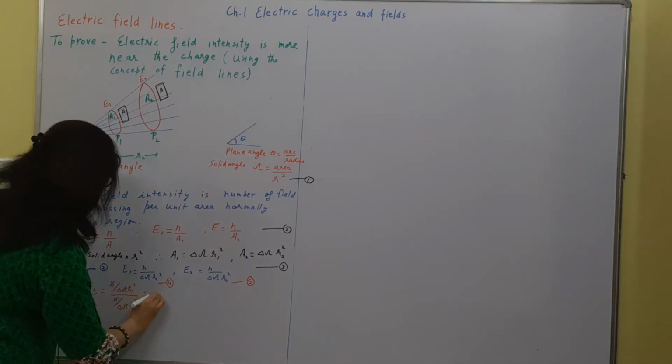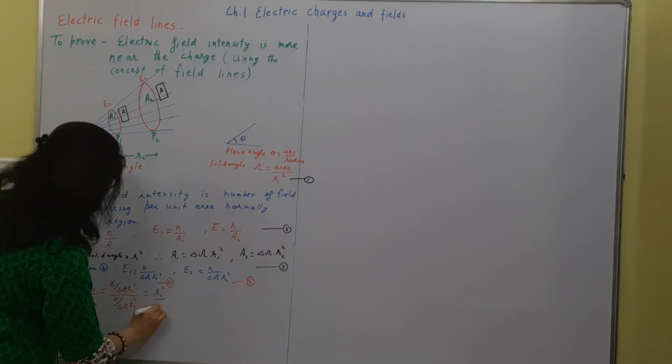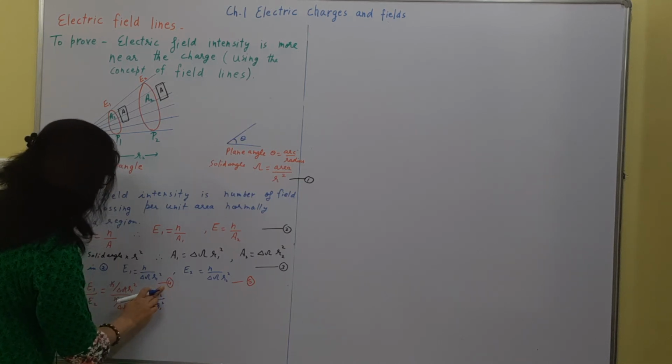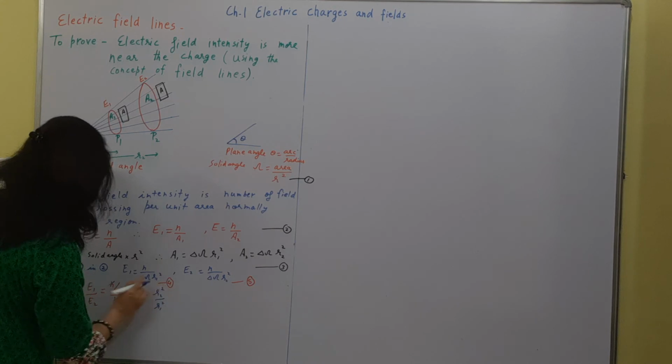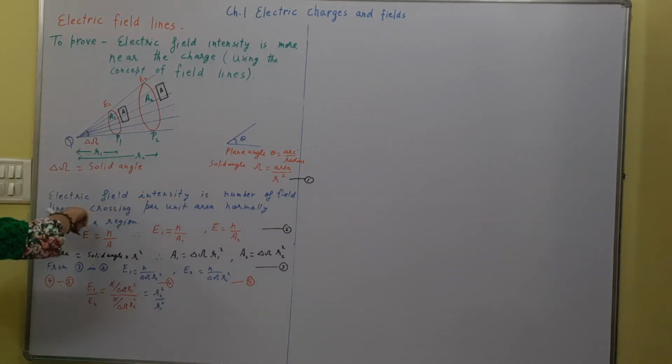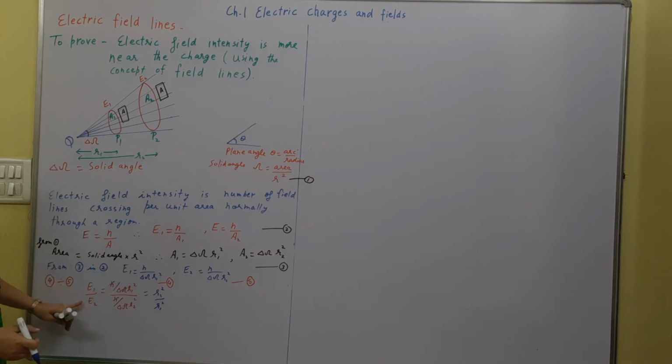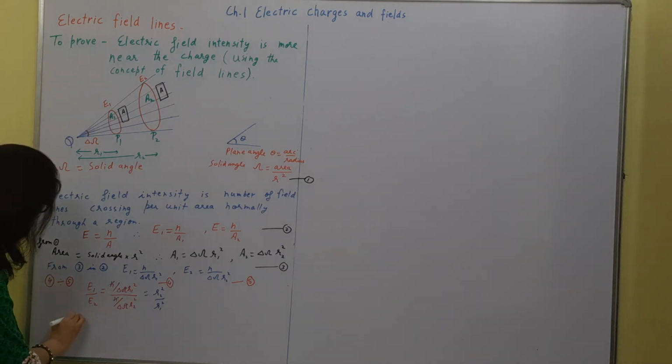So this gives me r2 square upon r1 square, and this is actually the number of field lines crossing per unit area. This is electric field, so this way this is directly proportional to 1 upon r square.